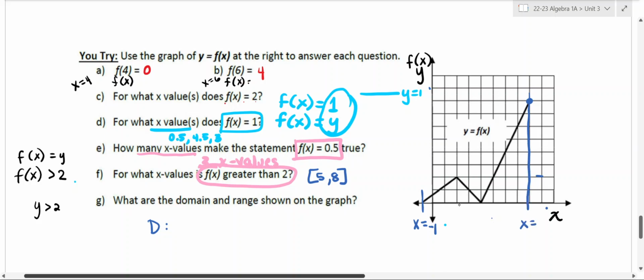And that was what? 1, 2, 3, 4, 5, 6, 7, 8. So the domain goes from -1 to 8. And the range is going to start here at y equals 0 and going to stop here. I need to count again because I don't remember. 1, 2, 3, 4, 5, 6, 7, 8.